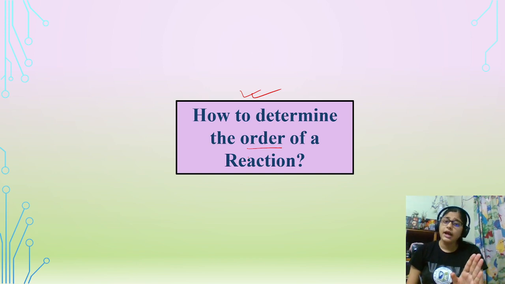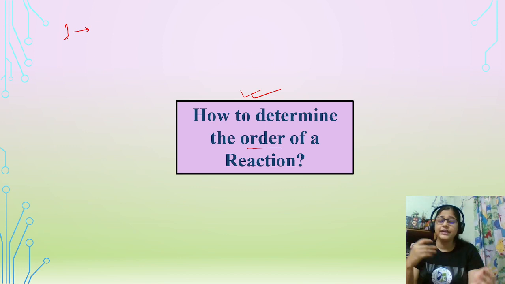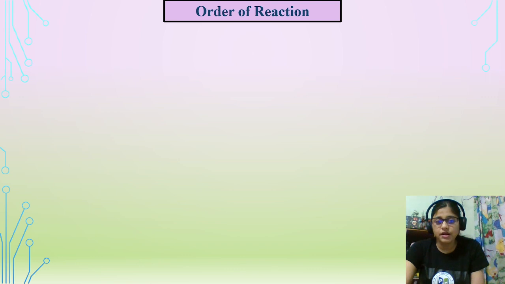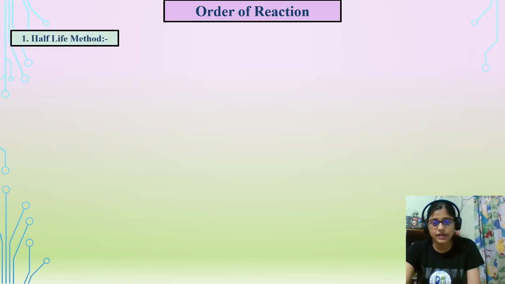Another thing we have done is where various values are given. I showed you some experiments: in experiment 1 the concentration of, let's say, A is doubled while B is constant, then the rate will be doubled or something like that. From that also you can calculate the order.